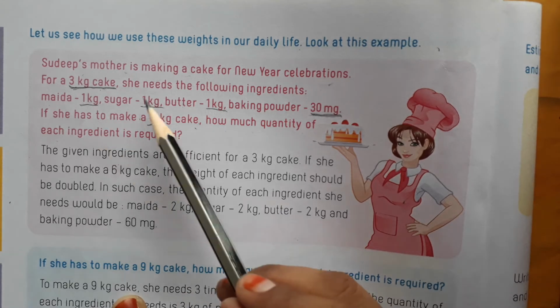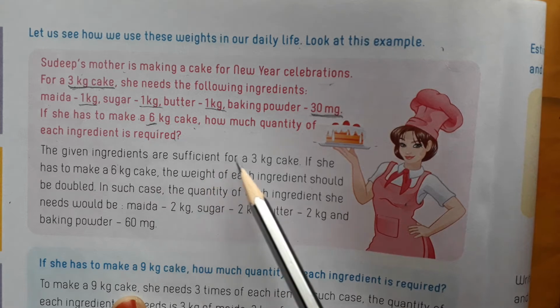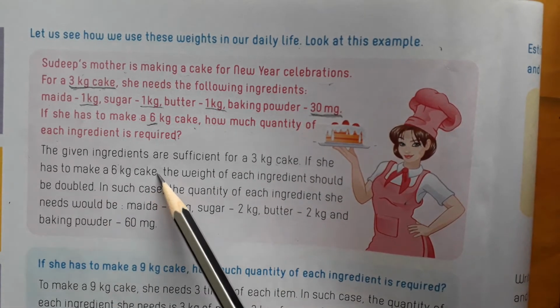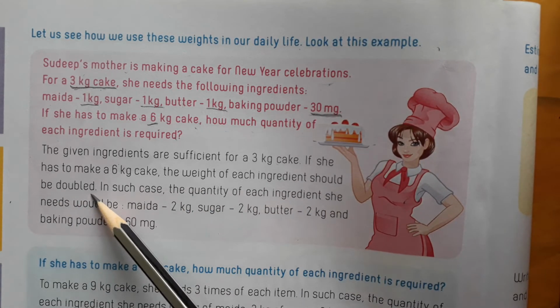So the ingredients also double. The given ingredients are sufficient for a 3 kg cake. If she has to make a 6 kg cake, the weight of each ingredient should be doubled.